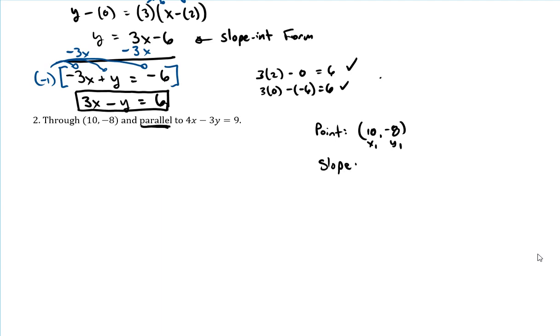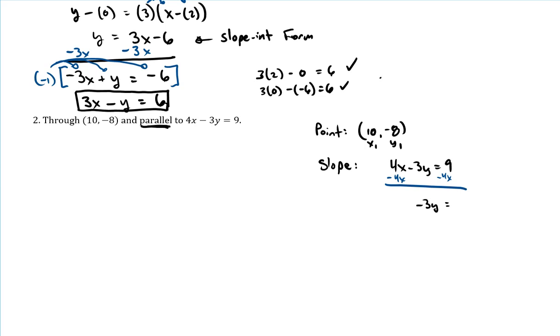Our slope is found from this equation. It has the same slope as this, but it's not in the correct form. So let's go ahead and get the form. We need to solve for y. So let's subtract the 4x. If we minus 4x from both sides, I'm going to squeeze it in between the equals and the 9 on the right side.